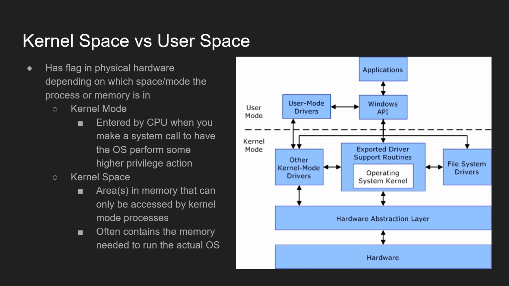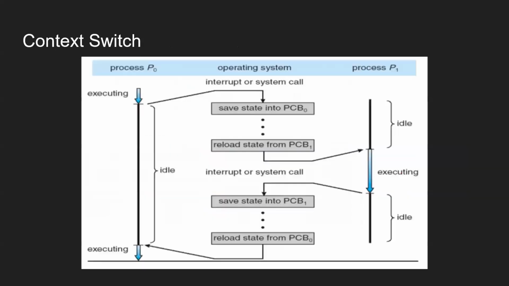And another thing, kernel space has the information to run the processes and the OS. So stuff like the PCB, the process control block, actually has to be stored in memory somewhere, and so that's stored in kernel space. It's literally a C data structure, at least in Linux.